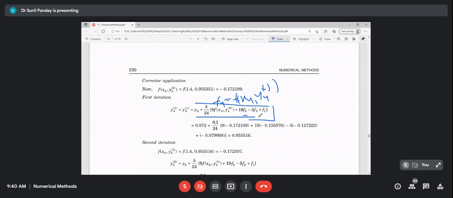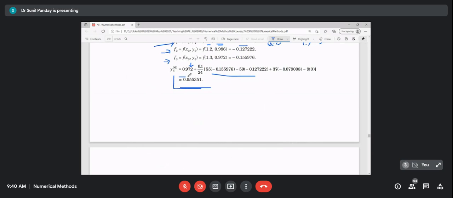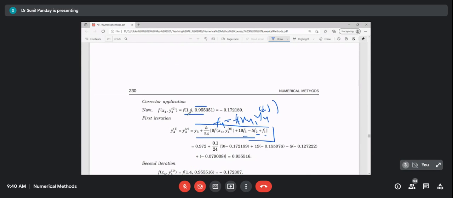So f3, f2, f1 we have already calculated, but this value we have to calculate. What is the value of f of x4, y4 predictor? This is the value.